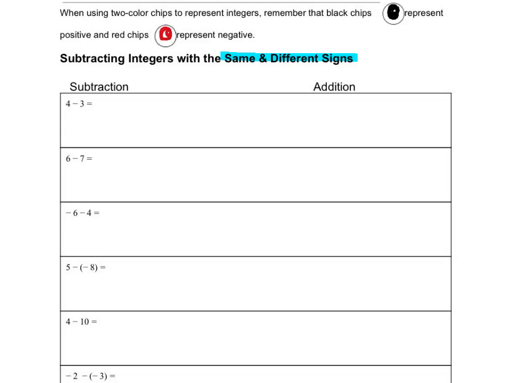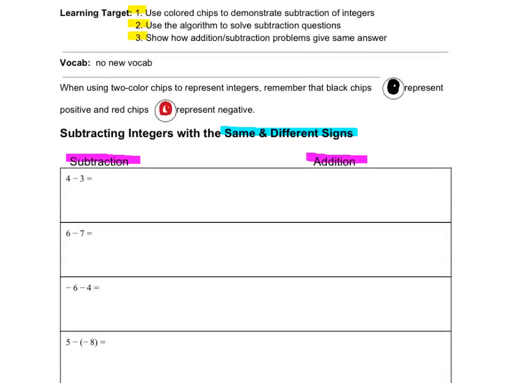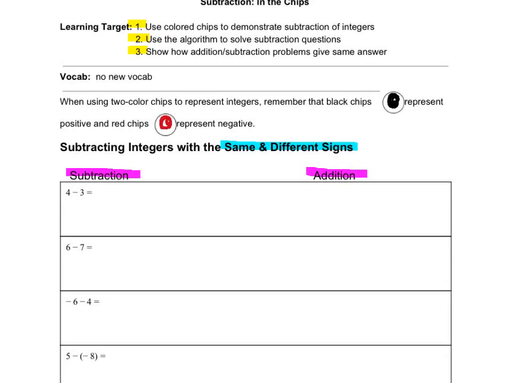You can see that your notes are split up. I've got a subtitle of subtraction, and I have a title of addition. And that goes back to that third learning target where it says show how addition and subtraction problems give the same answer.